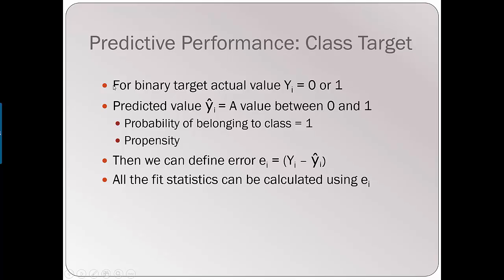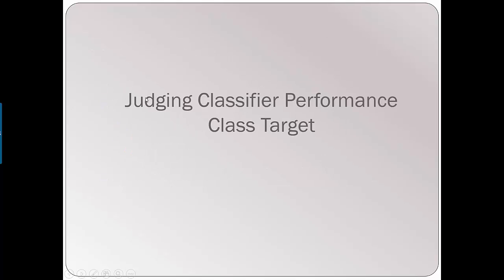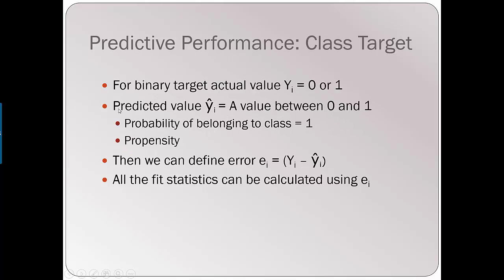So the model that we will use for classification, or classifier, as the previous slide indicated, will give you a predicted value of y hat, which will be a value between 0 and 1. So the actual value is either 0 or 1, but the predicted value will be a value between 0 and 1. And because it has all the properties of probability, that predicted y hat value can be used as a probability of the observation belonging to class 1.